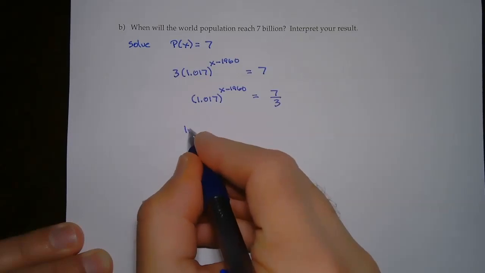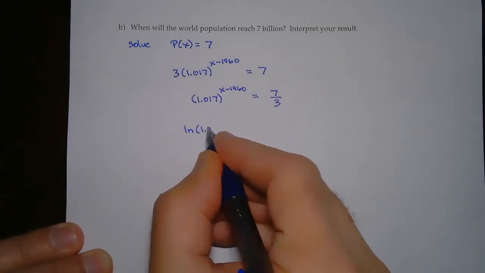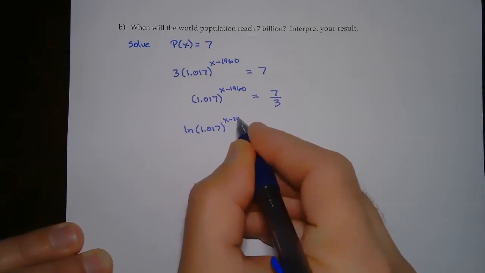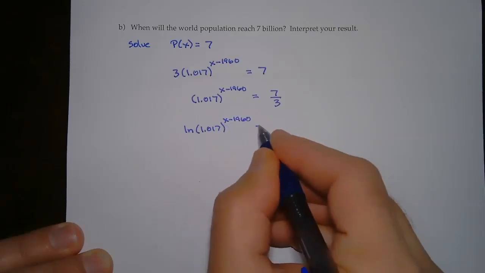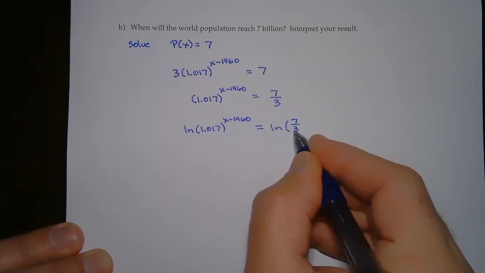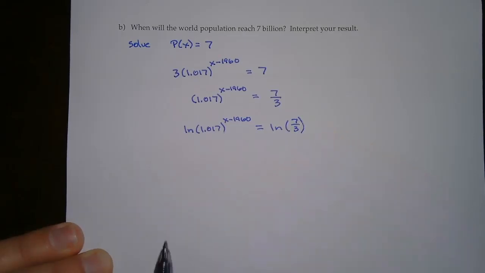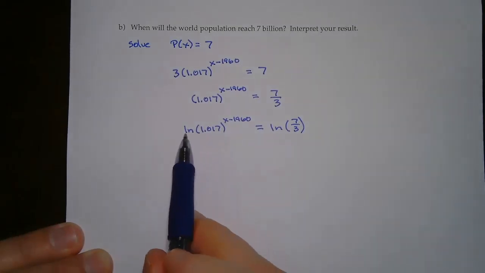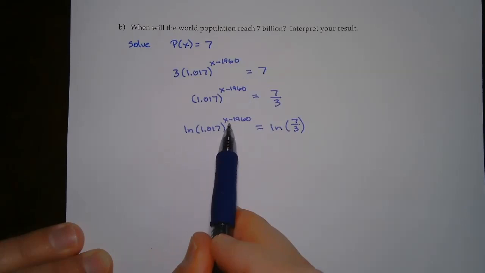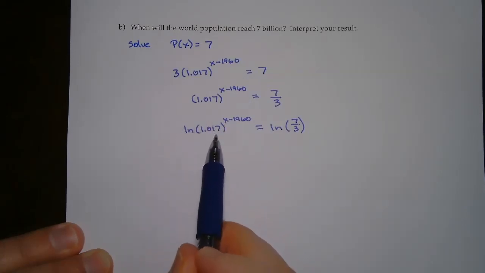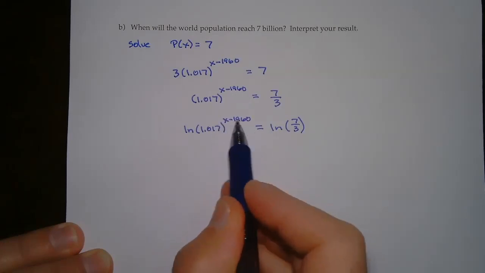So the natural log of 1.017 raised to the x minus 1960 is equal to the natural log of 7/3. Okay, so now I can use the logarithm property that if you have the logarithm of a base to a power, that's the same as the power times the logarithm of the base. Okay, so I'm going to bring this down in front.